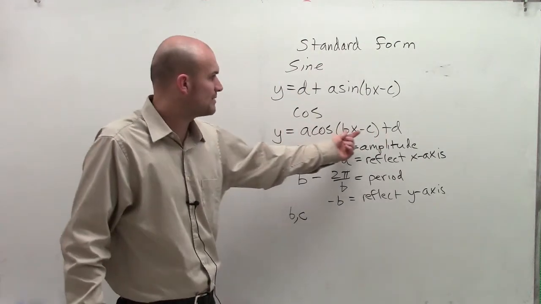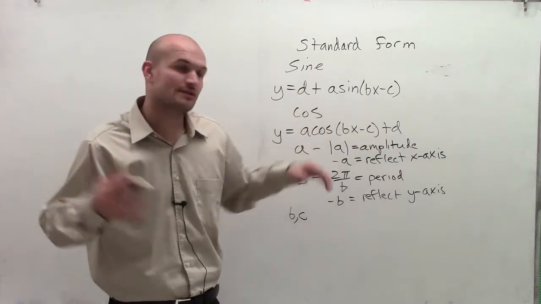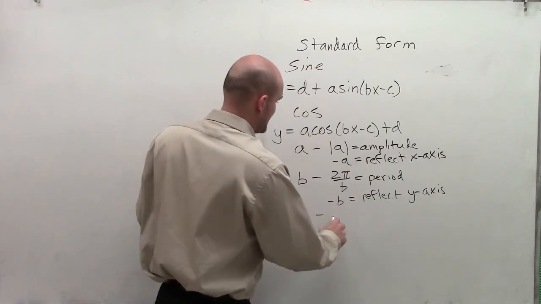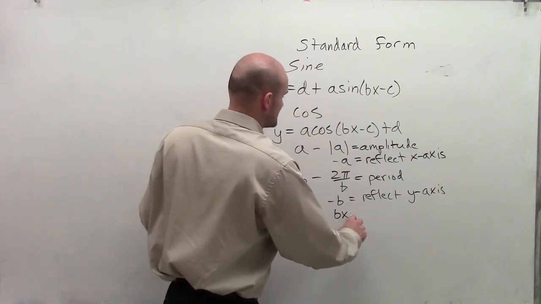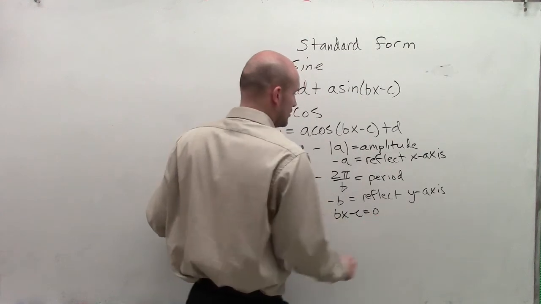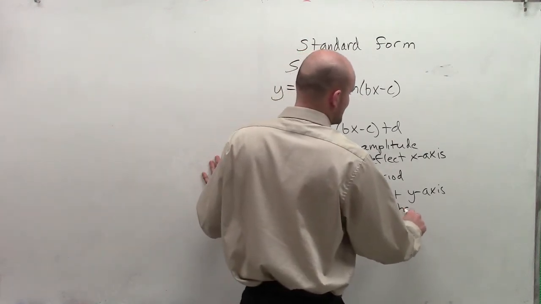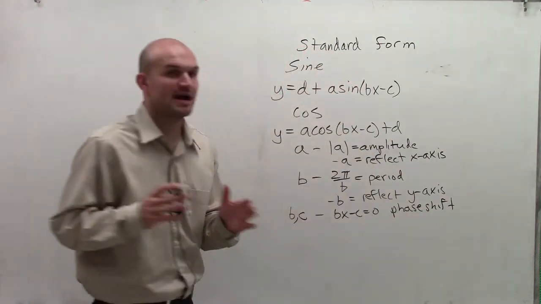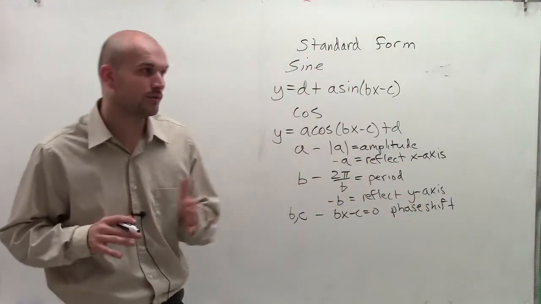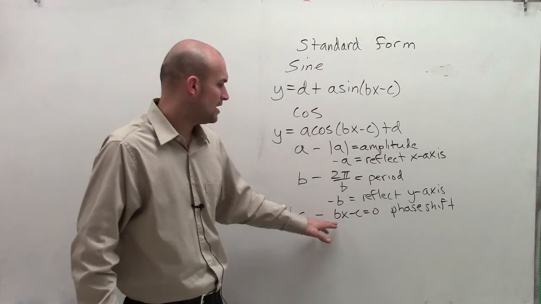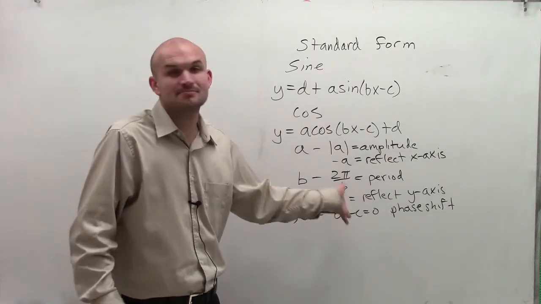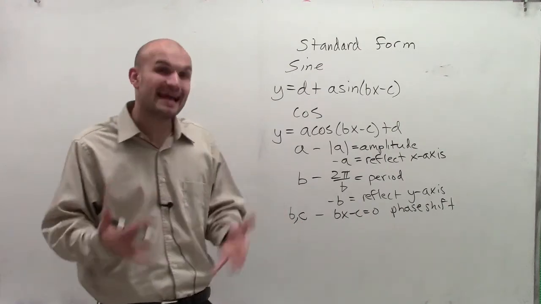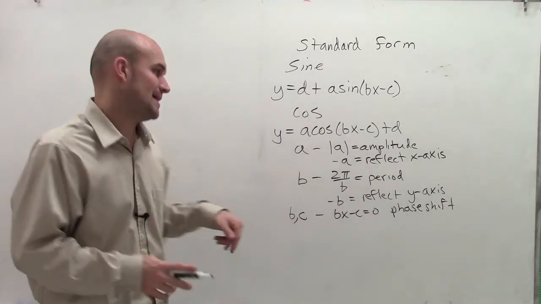But a lot of times we have a factor of b and c, so we need to combine them together. So when looking at the phase shift, you can say bx minus c equals 0 will help you determine the phase shift of the graph. And that's how the graph is going to get shifted left or right. And again, if b is 1, then your formula would just be x minus c to determine the phase shift. However, since sometimes we have b and c, I want to put them in the same category.